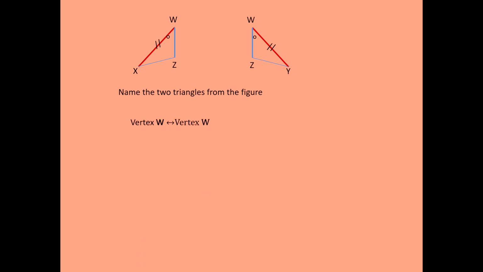Now vertex W corresponds to vertex W in both triangles. Then vertex Z corresponds to vertex Z, and vertex X corresponds to vertex Y. Therefore, triangle WZX corresponds to triangle WZY.